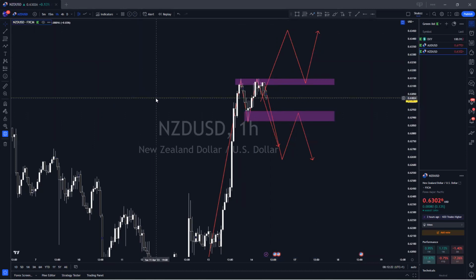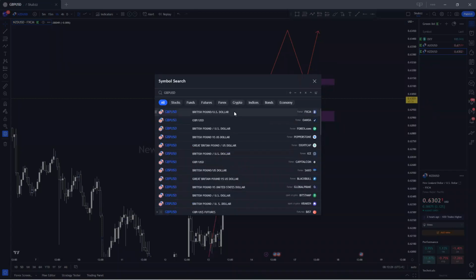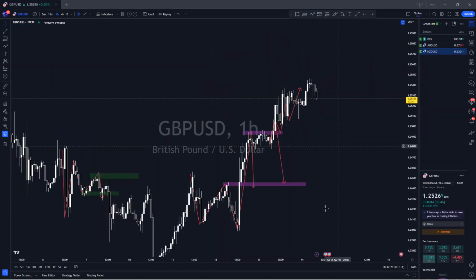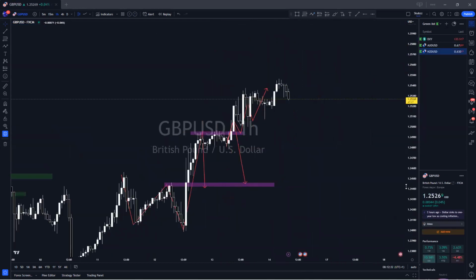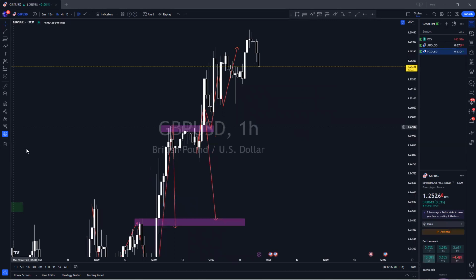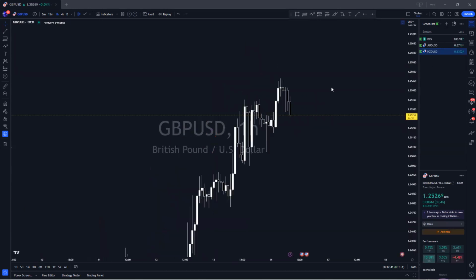GBP/USD. Okay, GBP/USD. Wahala, this one is always behaving weird. Okay, so let's look at this from a critical point of view.